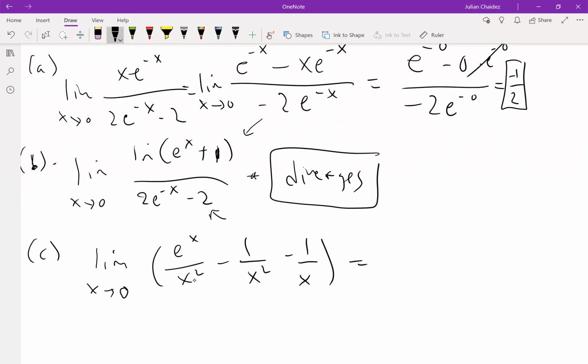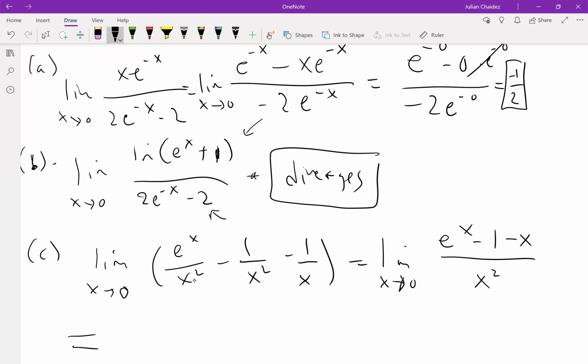So I have to combine these into one fraction and then evaluate the limit. I can write this as the limit as x goes to 0 of e to the x minus 1 minus x divided by x squared. This just comes from taking the 1 over x and multiplying it by x over x, and then combining all of the things into one fraction over x squared.